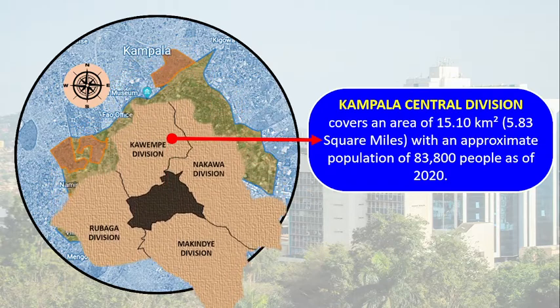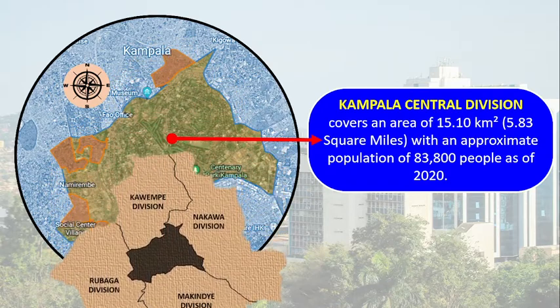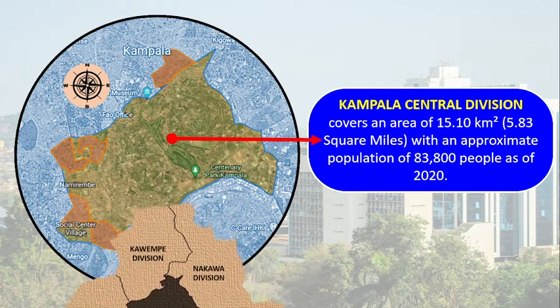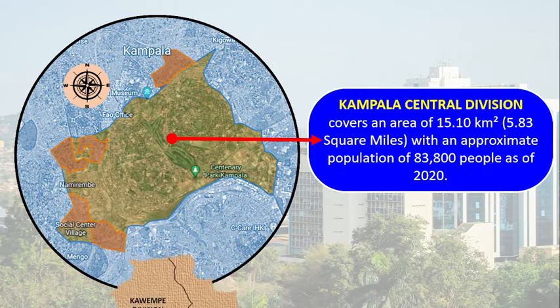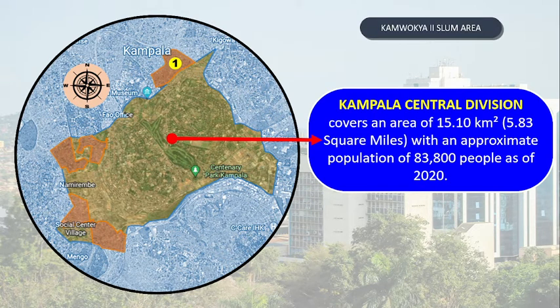So our focus as far as this video is concerned will be on these five slum areas within the Kampala Central Division. Right at number 1, we do have Kamwokya 2 slum area in the northern part of the division.